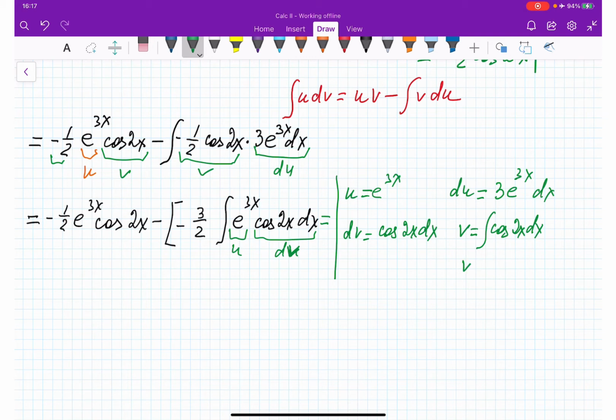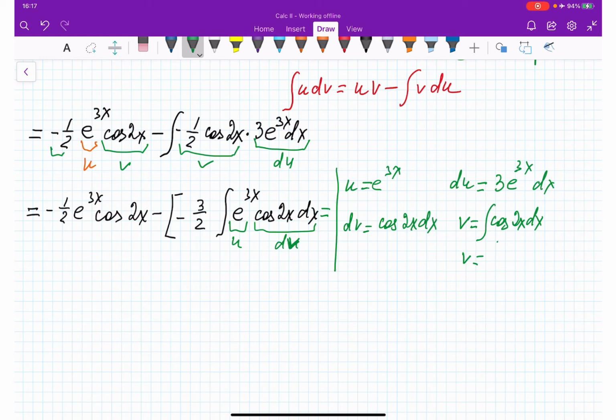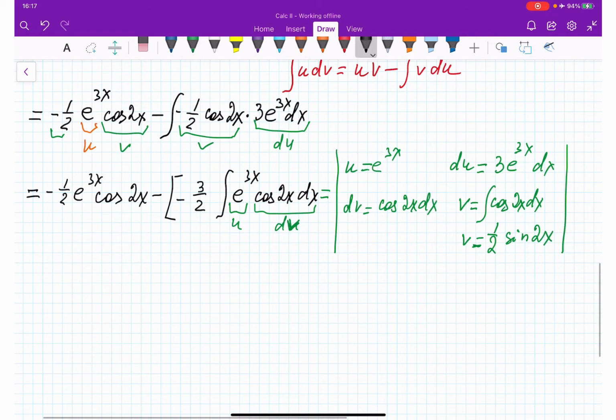Through the same substitution, it's going to be 1 over 2 sine 2x.